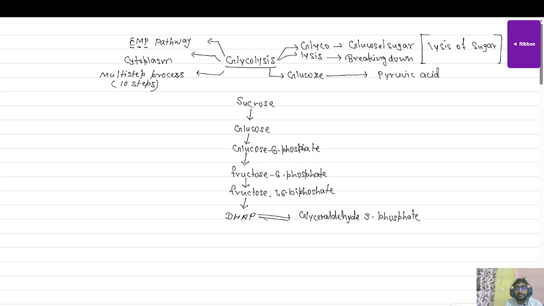This will now be converted to 1,3 bisphosphoglycerate. From this 1,3 bisphosphoglyceric acid, it will form 3 phosphoglyceric acid.